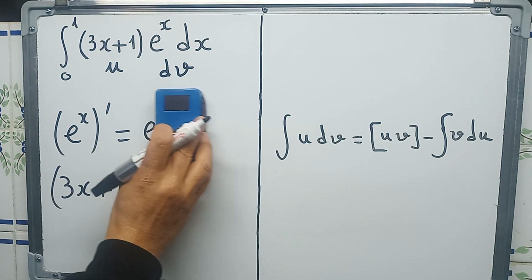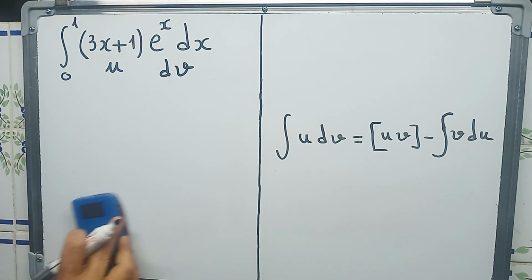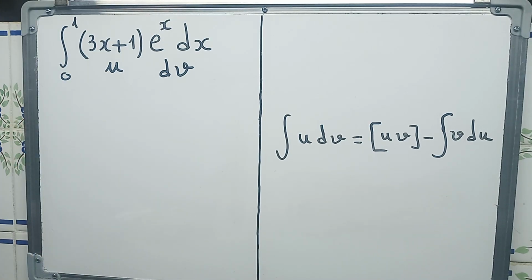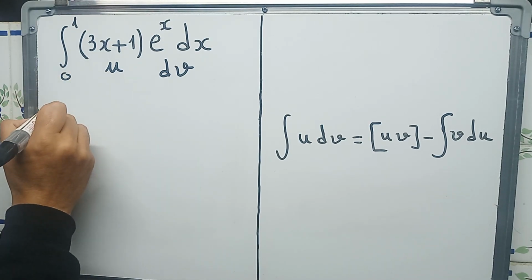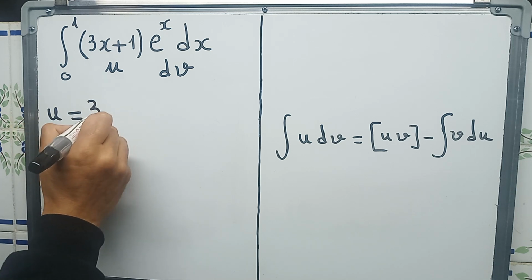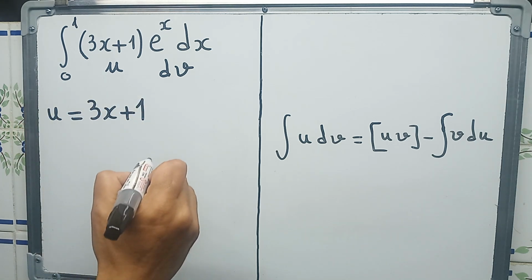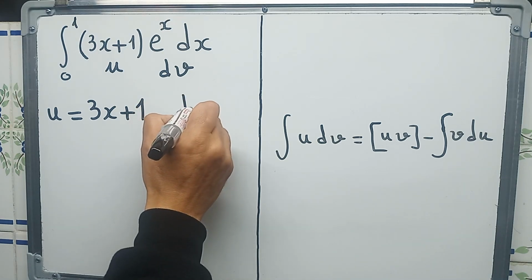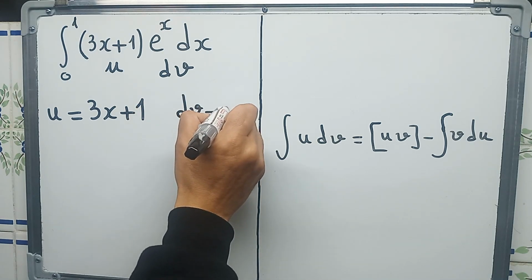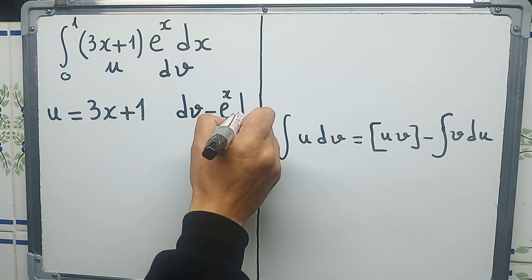Now, we know our u and our v. We write u equals 3x plus 1. And of course, dv equals exponential x dx.